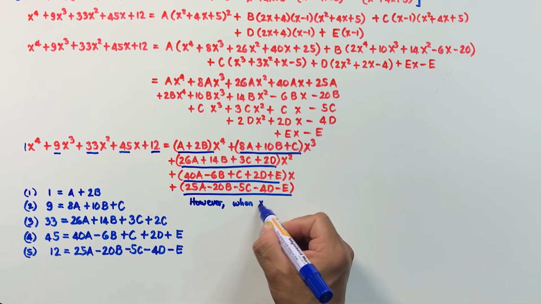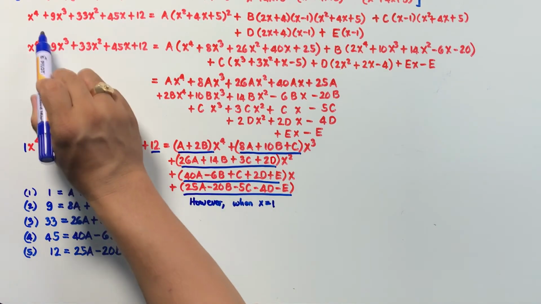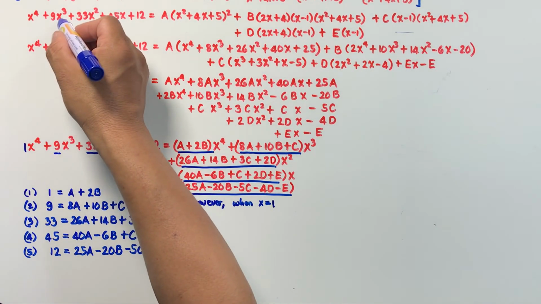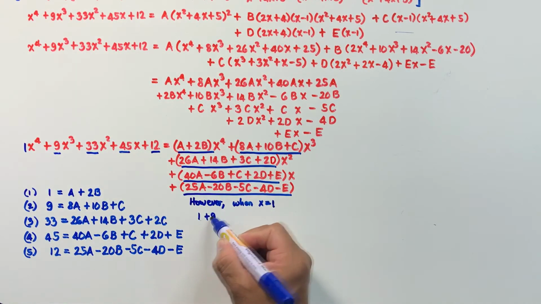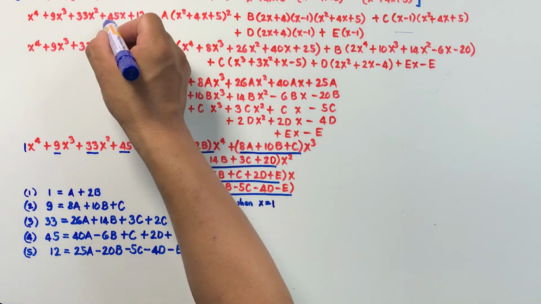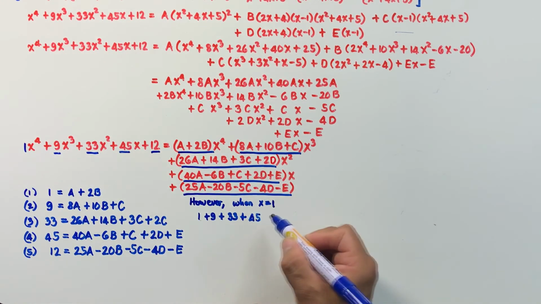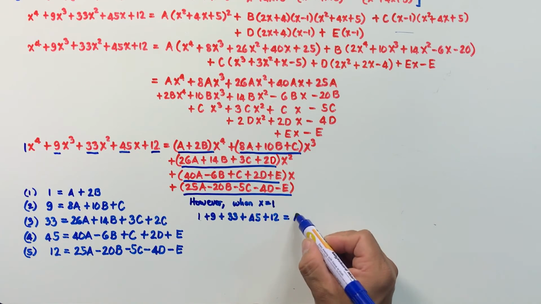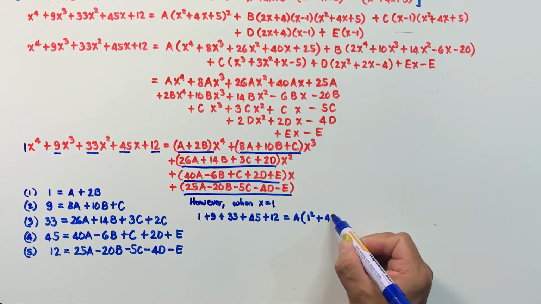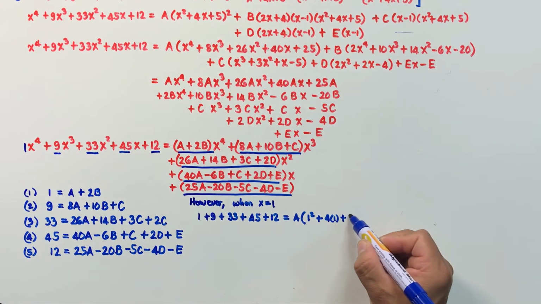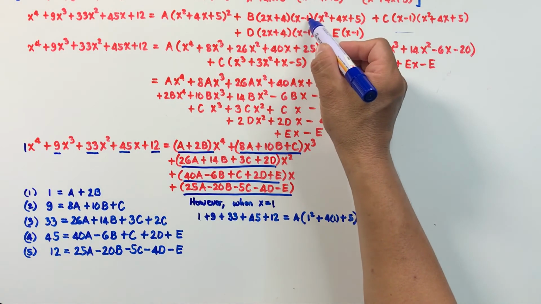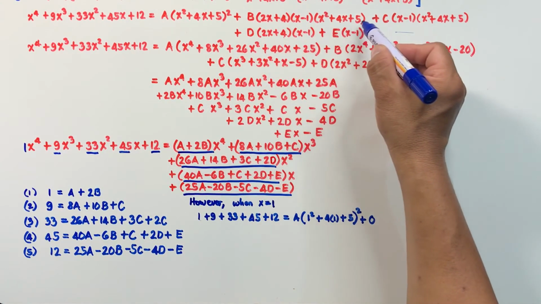when x is 1, so when substituting to this equation here, we have 1 to the 4th, which is 1, plus 9 times 1 cubed, which is 9, plus 33 times 1 squared, which is 33, plus 45 times 1 is 45, plus 12 is equal to a times (1 squared, which is 1, plus 4 times 1, which is 4, plus 5) quantity squared, plus 0 here, because 1 minus 1 is 0, and 0 times anything is 0.